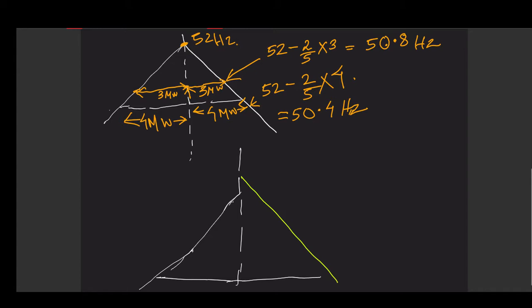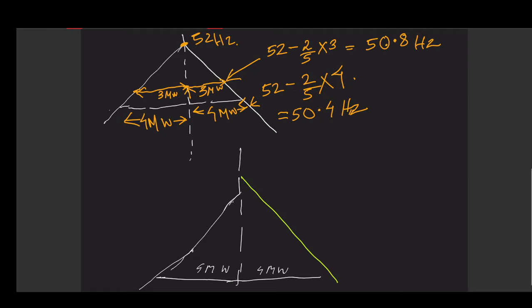However, if there is a sudden jump, then what would happen? The same kind of thing you will be able to observe, but this shift, like 4 megawatt and 4 megawatt.